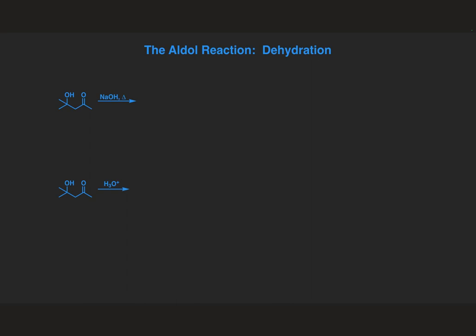Under basic conditions, it does require a little bit of heat. And so if you run the aldol at cold reaction temperatures, sometimes you can have it stop at the beta hydroxyketone. But if you add a little bit of heat, we can deprotonate the alpha hydrogen and form an enolate again.